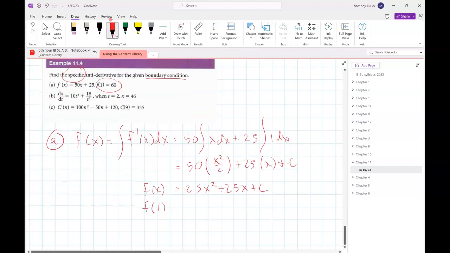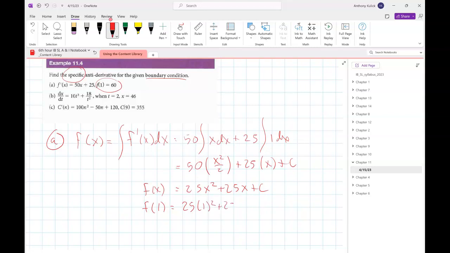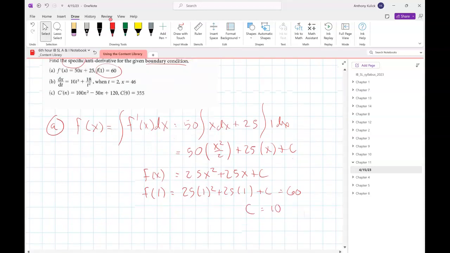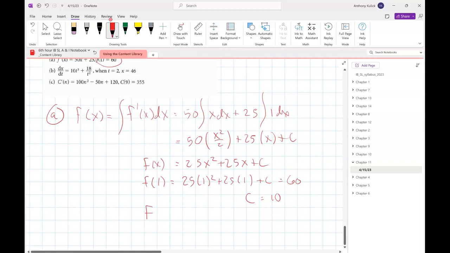But I have that f of 1 has to equal 60. That's 25, and another 25 is 50. So when I subtract that from both sides, I get c is 10. So f of x should be 25x squared plus 25x plus 10.